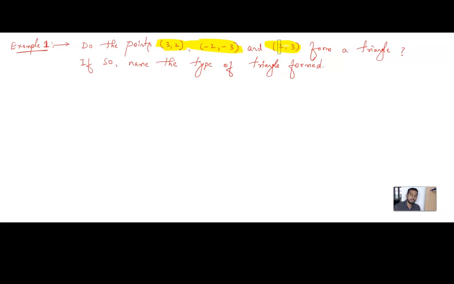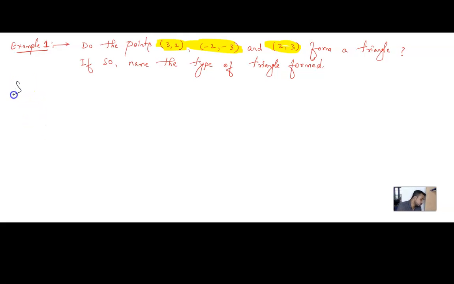By using these 3 coordinates, we need to find whether they form a triangle or not. That is condition 1. The second condition is, if they are forming a triangle, then name which type of triangle it is. If they are not forming a triangle, then you need not show which type of triangle it is.